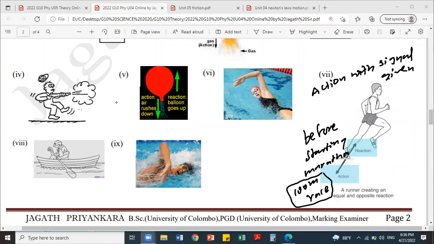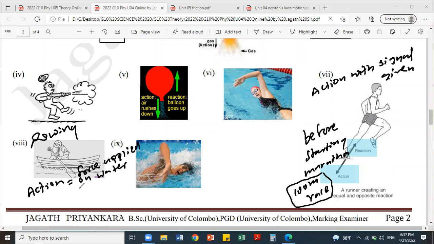So then, what is rowing? When rowing, what happens? You make the action on water, by this paddle. The reaction is on the boat. They have given this in your textbook also. Force is applied on water. Action is force applied on water.